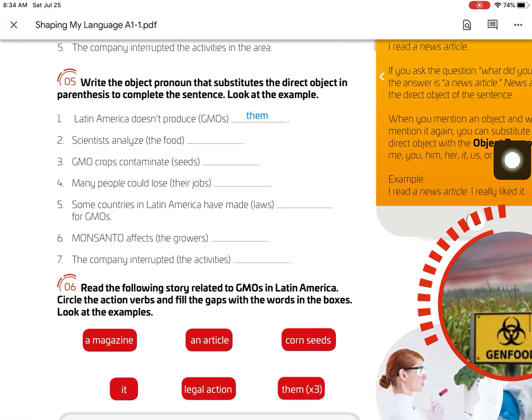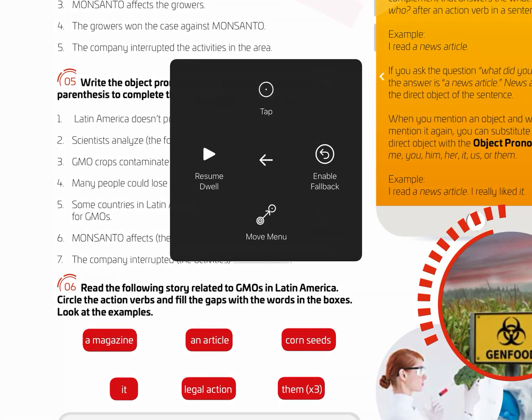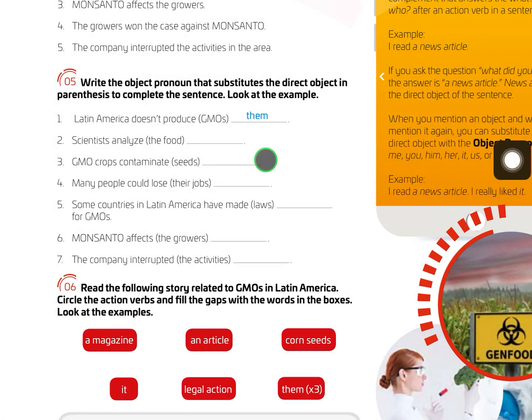I'm going to insert one video explaining again the direct objects and the object pronouns. So you're going to complete with the direct objects or the object pronouns here. Yes, those are in parentheses. We are going to substitute to make the direct objects here. Okay.